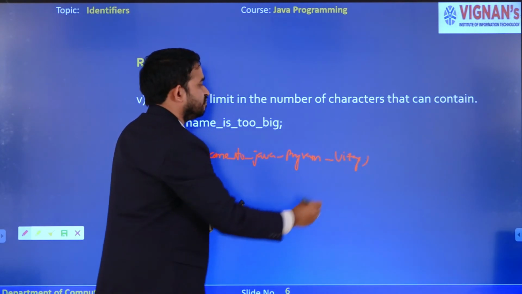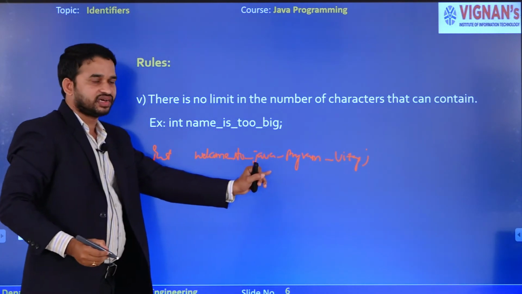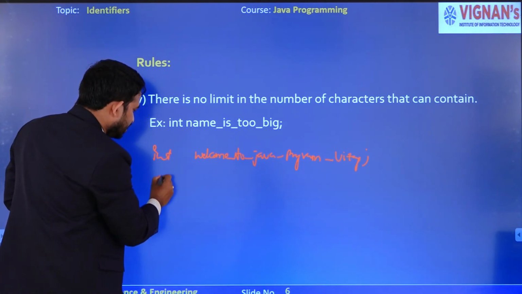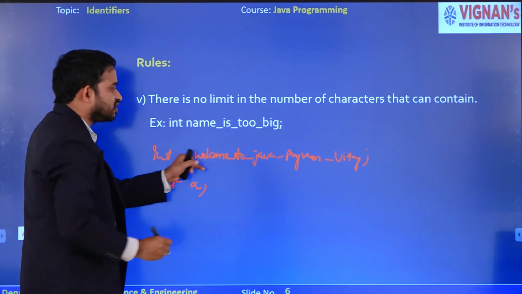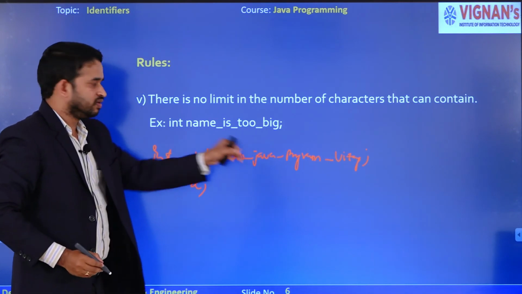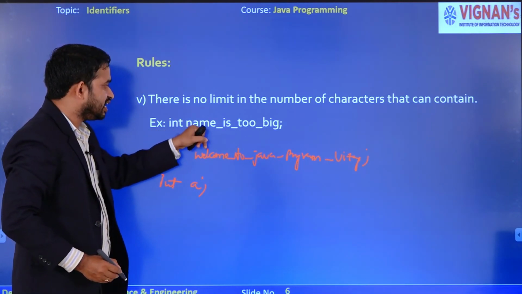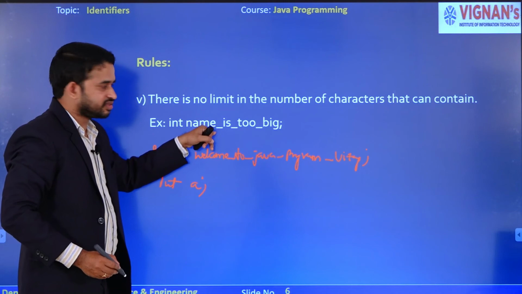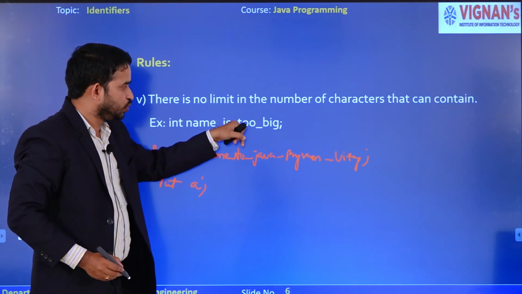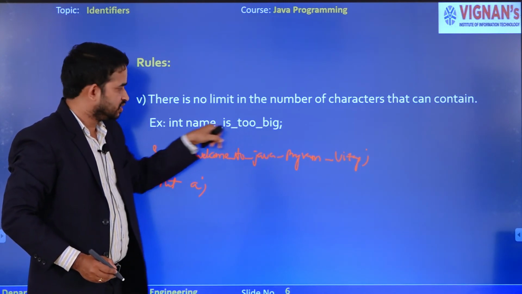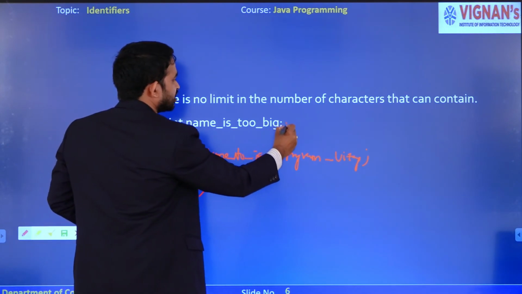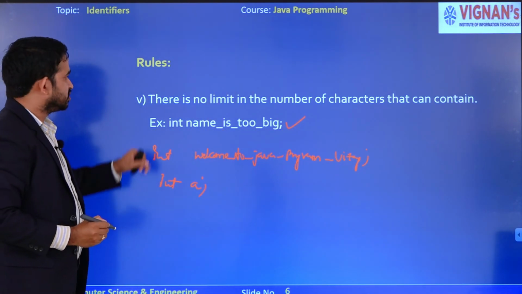It is also a valid identifier declaration. Not only int a, we can declare a variable in this way also. For example, int name_underscore_big, with connecting symbols. This is also a valid declaration of an identifier. This is one more rule.